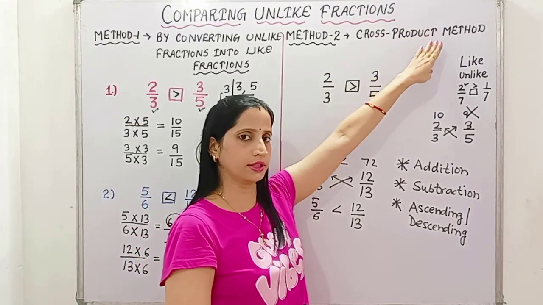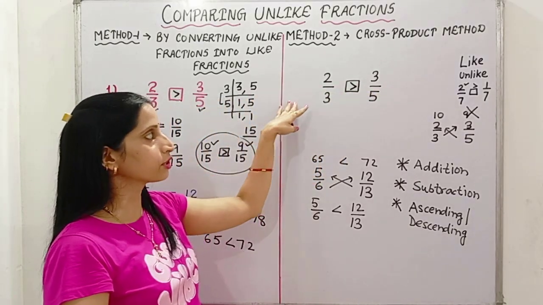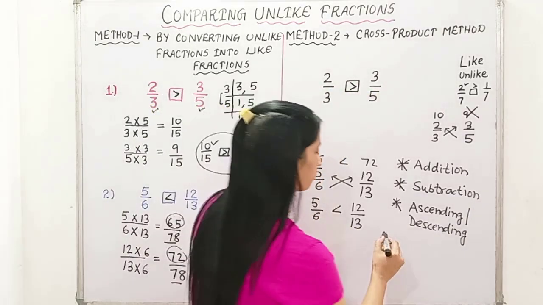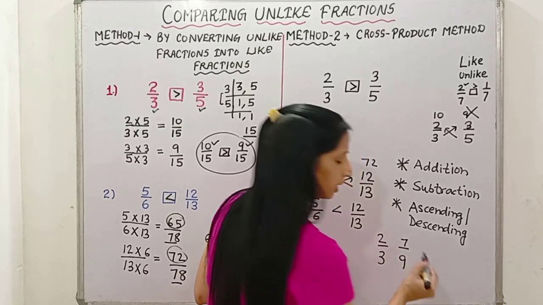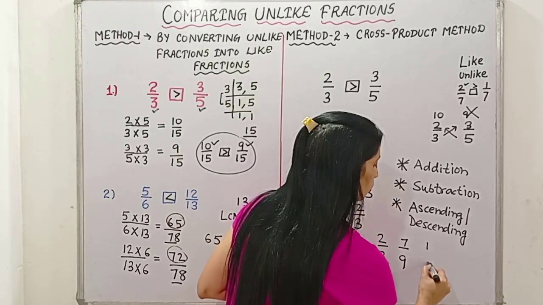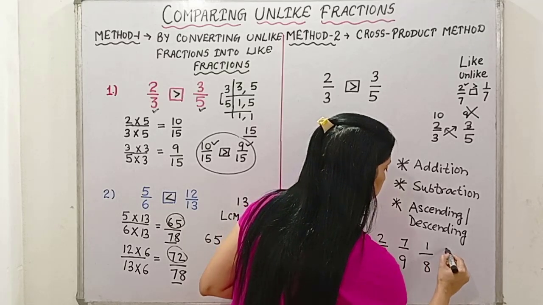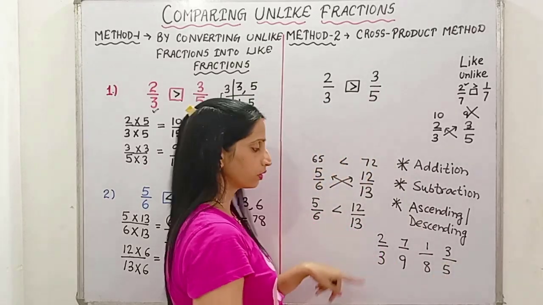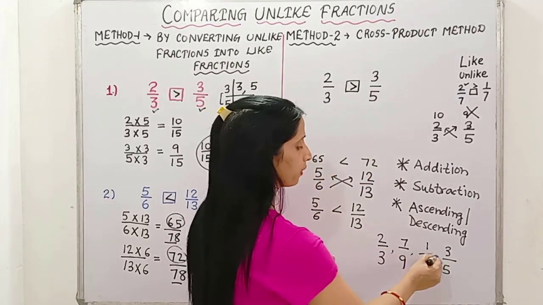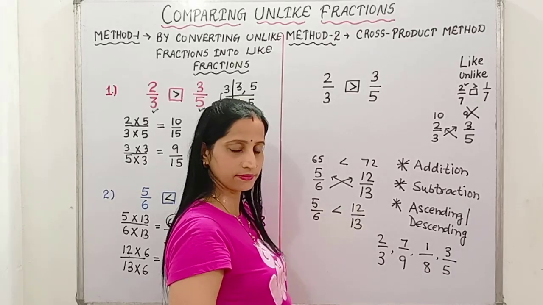as here only two fractions are given, then you can easily use the cross product method. But when the given fractions are more than 2, for example, let's write 2 by 3, 7 upon 9, 1 upon 8, 3 upon 5, then you can see that all the four fractions are unlike fractions.